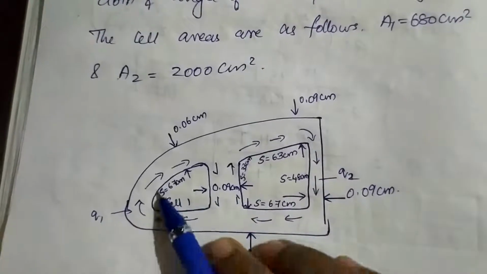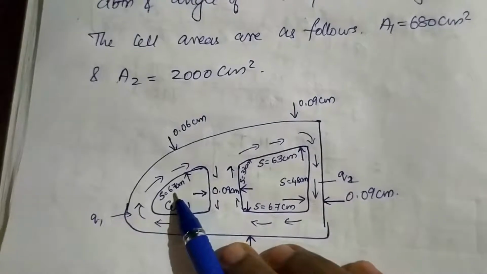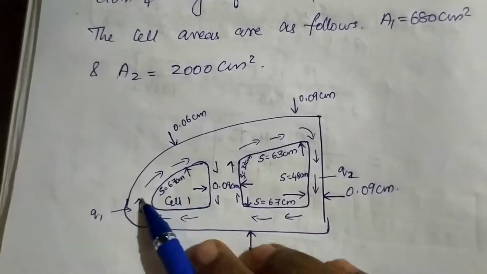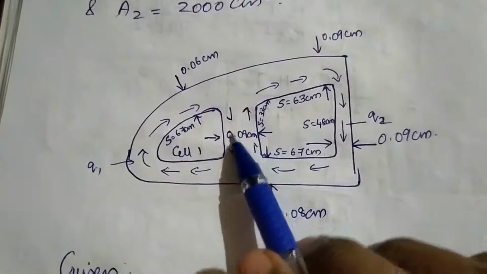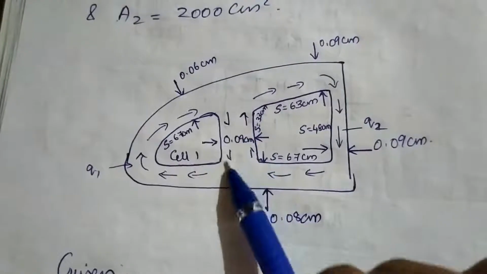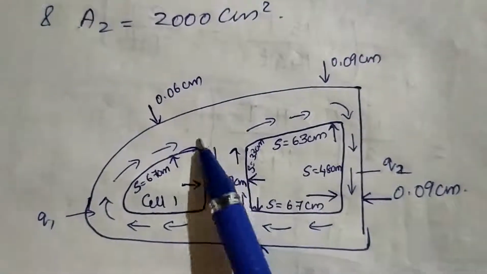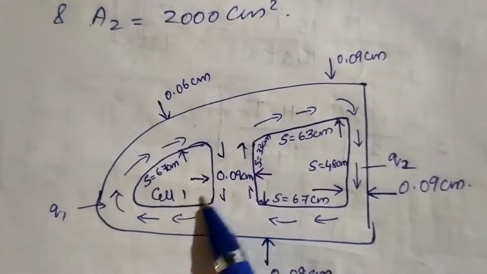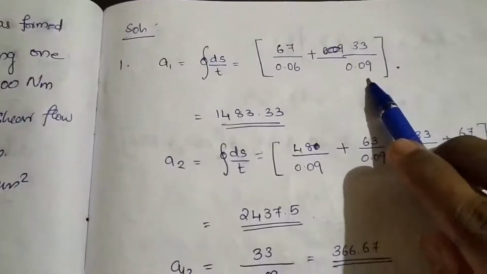So the total is S is equal to 67 centimeter. So that means 67 by this thickness, 0.06, plus this length, how much is given here. That means this length is similar to this length, right? So 33 by 0.09. Okay, clear?